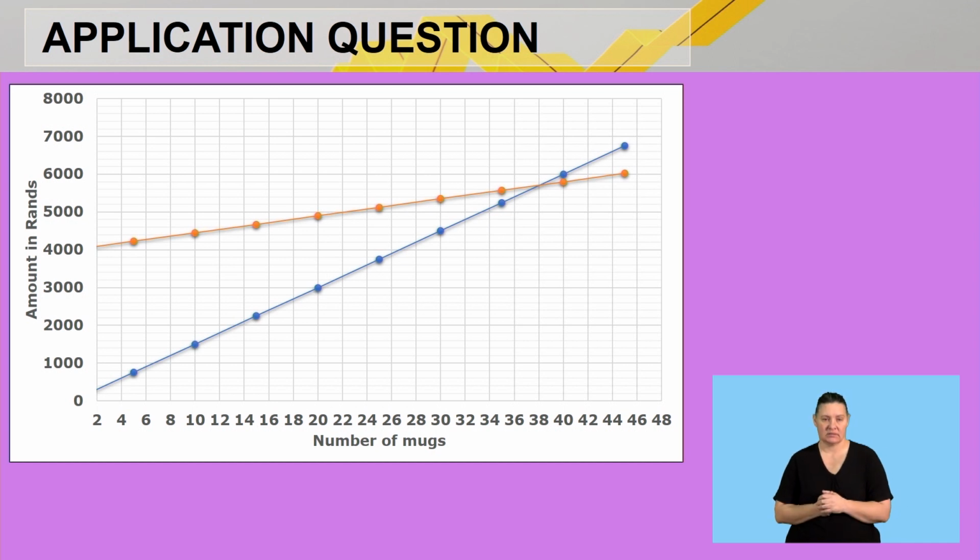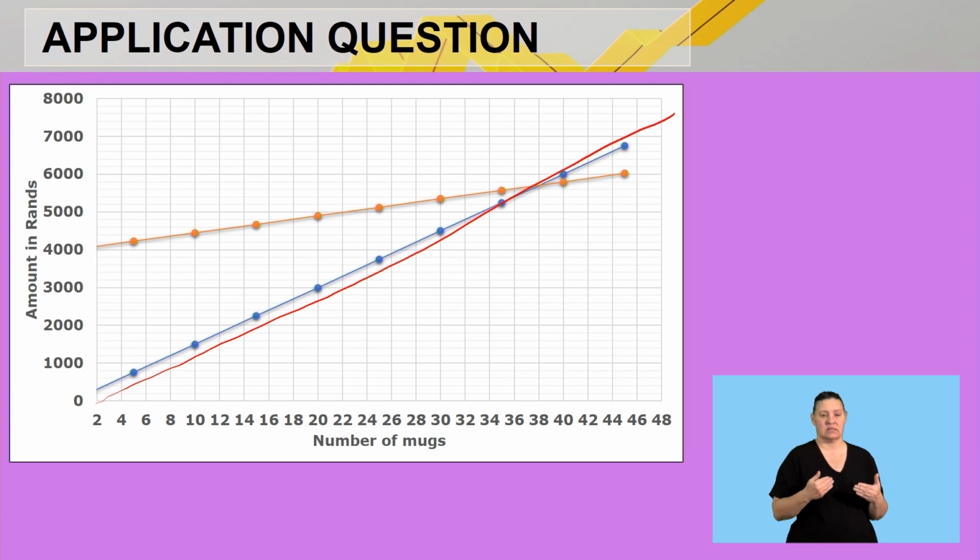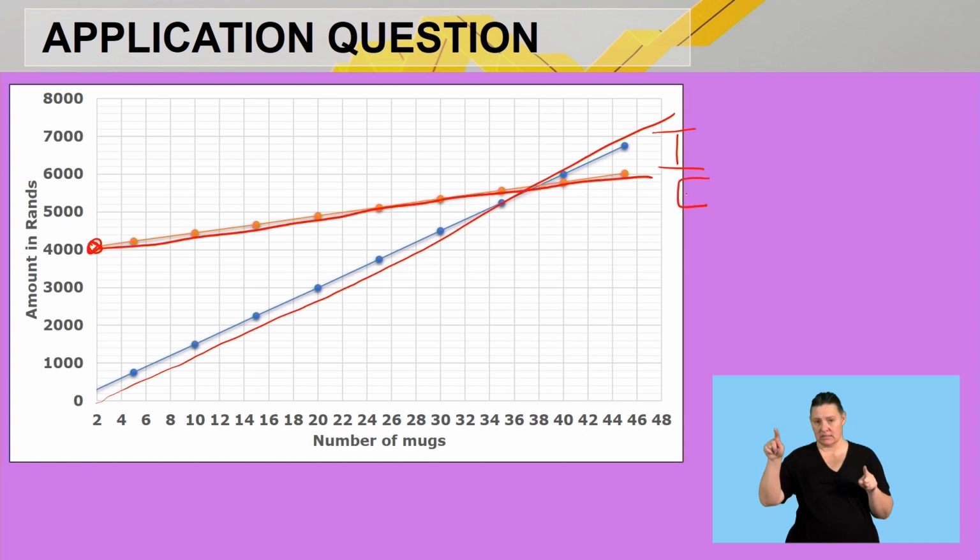Now remember, income will always start at the origin and go up, because if you don't sell any items, you can't have any income. So the blue one will be your income, and the orange one starting on the vertical axis by 4,000 is then going to be your expenses, and then your break-even point will be there.